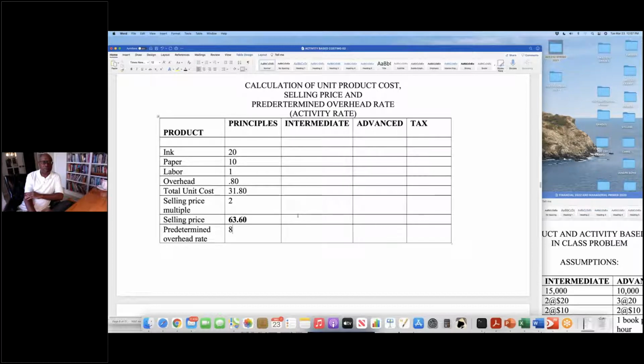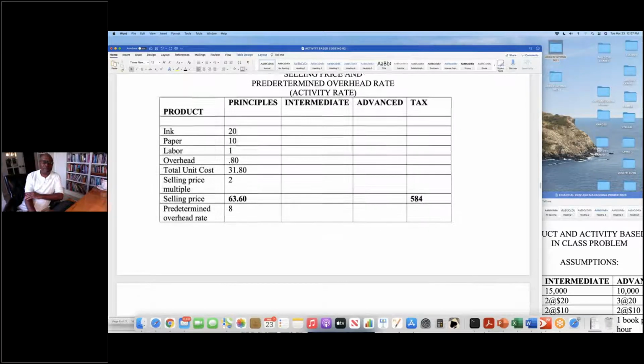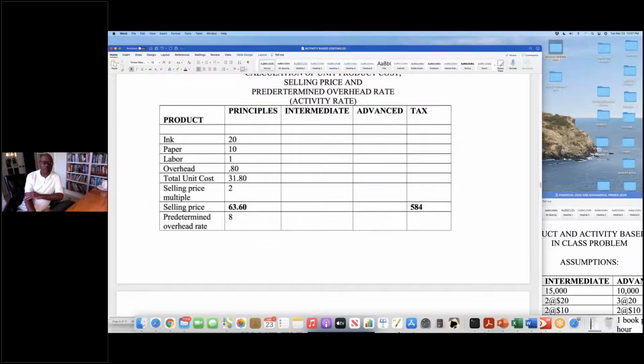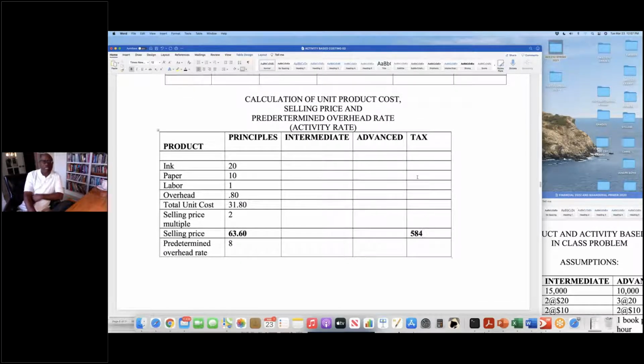Tax. My selling price was 584. Anybody else on that team get 584? Well, yes, we'll see how that works.